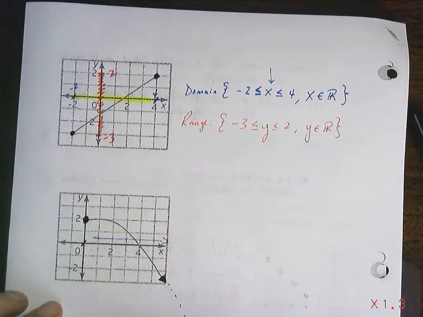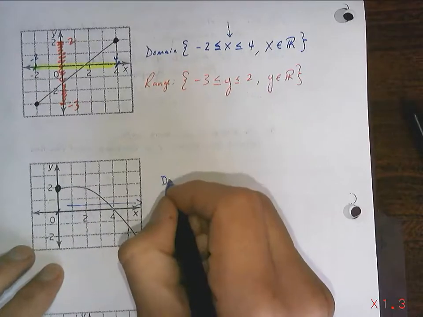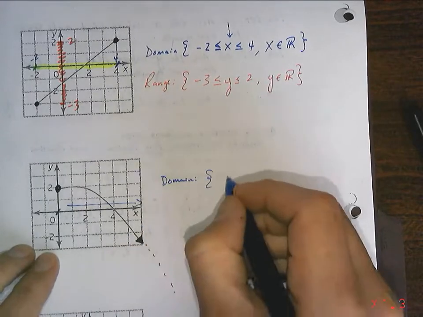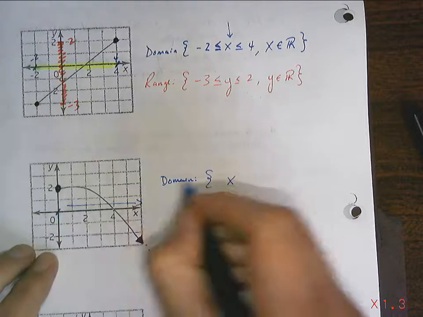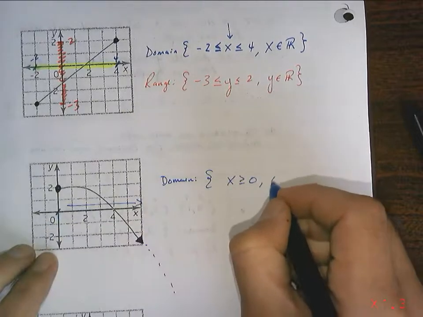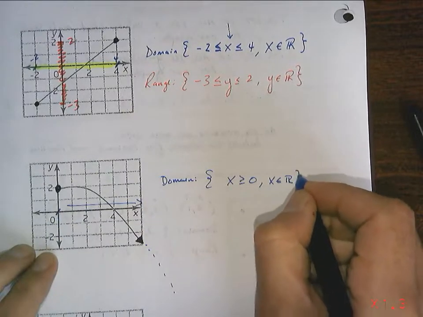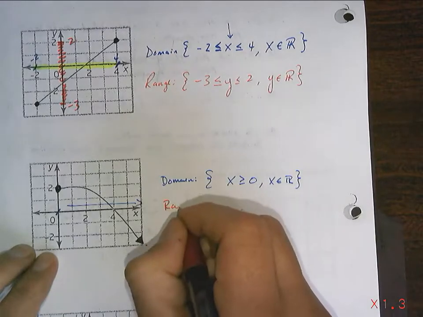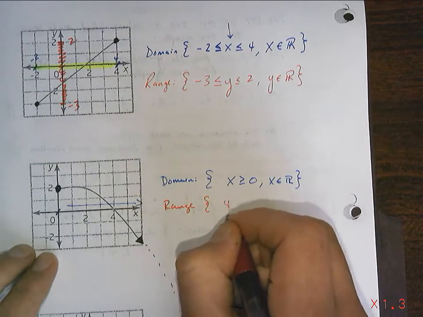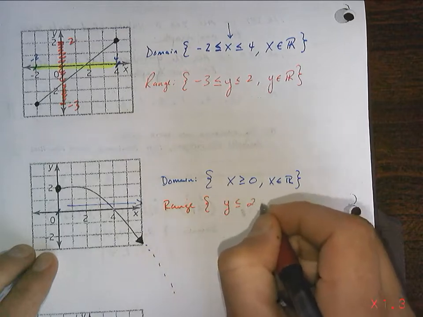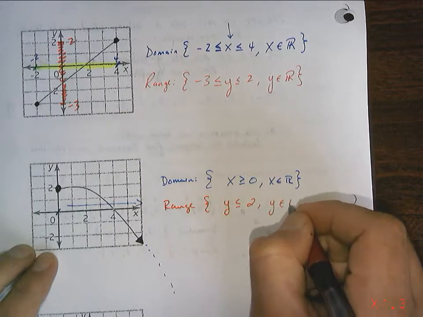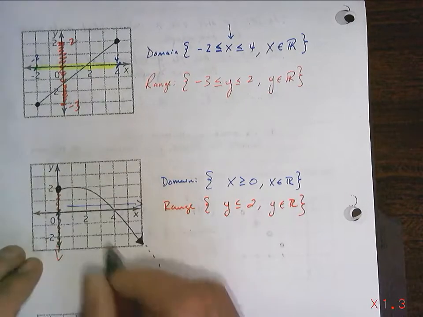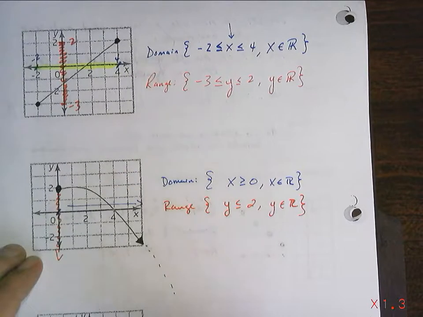So the domain is going to be the set of all x, but they've got to be bigger than or equal to 0, and it's going to include all the decimals and all the fractions. And your range is going to be y must be less than or equal to 2 for all the same reasons as above, because it's going to keep going that way, as this keeps falling and falling and falling.